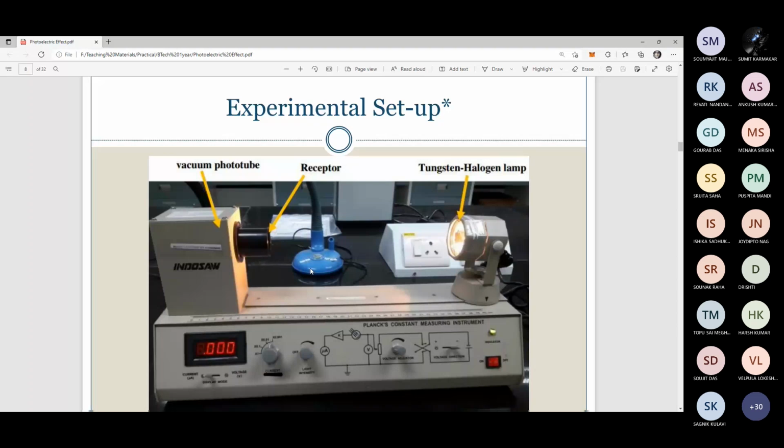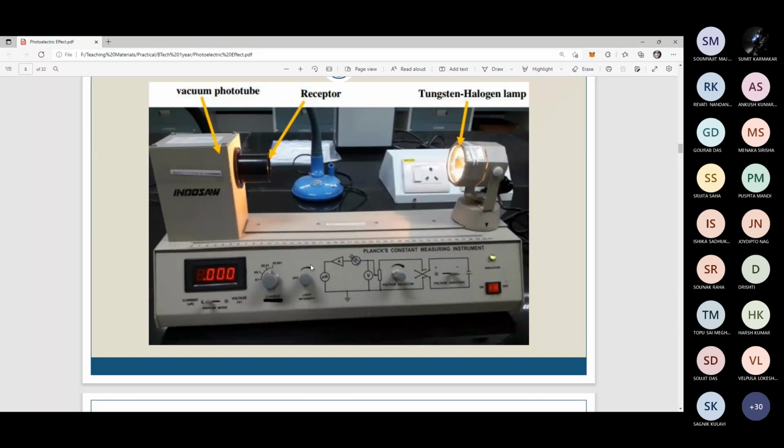Now, this is the experimental arrangement. If you come to the laboratory, then you can see it. Here we can measure the photocurrent and we apply some high tension voltage by changing this, right? And this is the lamp.